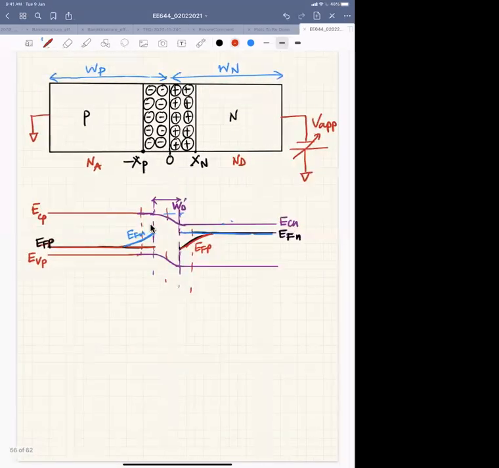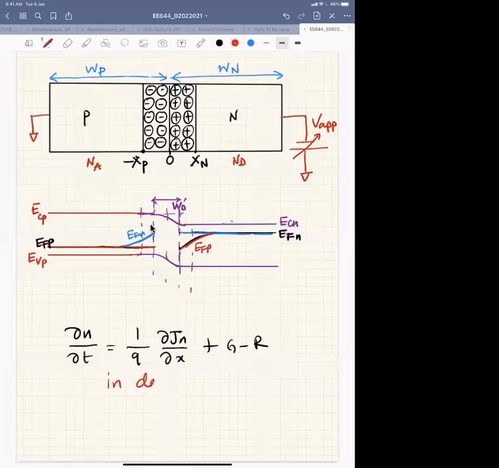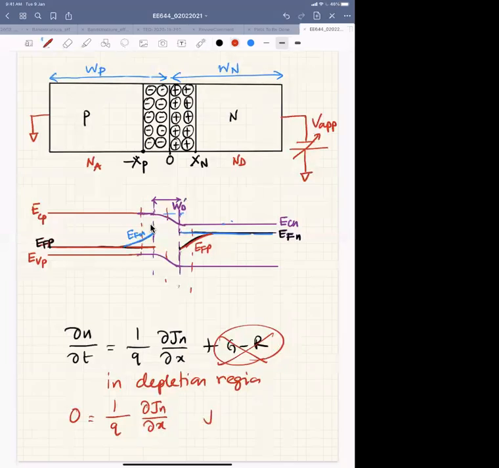This is the assumption. If you assume that, and if I write down your continuity equation, let me write down delta Jn by delta x plus G minus R, and in the depletion region, this part is 0, and in steady state, delta Jn by delta x is 0. So Jn is constant, right?